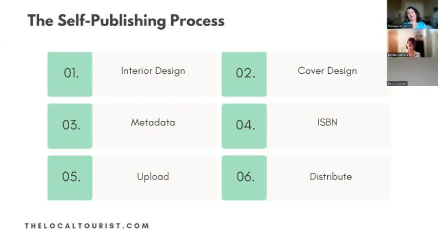Your interior design includes deciding what your front matter is and your back matter. Your front matter includes things like your table of contents, an epigraph, which is a quote, and a dedication. Maybe if you've written other books, you might have an "Also by" page and list the other books you've written. Your copyright page is often part of your front matter as well.